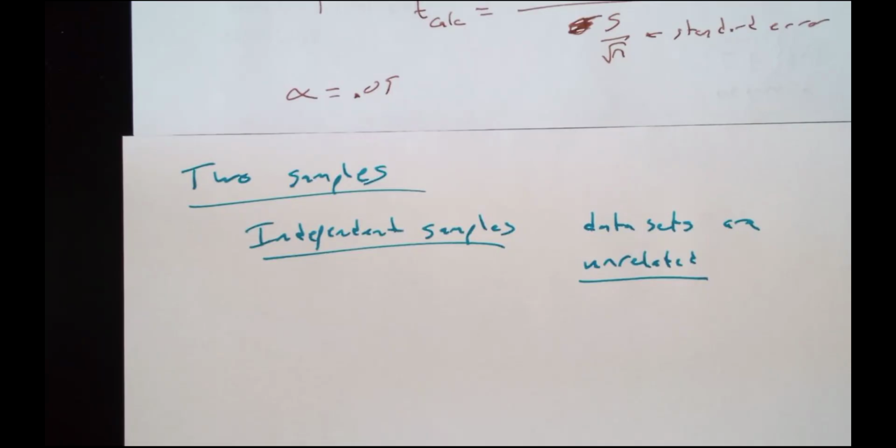Now, there are some assumptions made about the population here. And the assumption I am going to use the most is that what we have are equal variances.